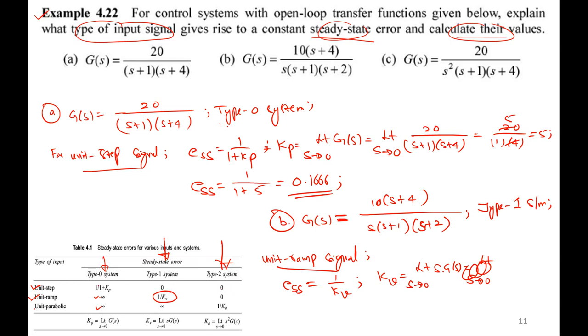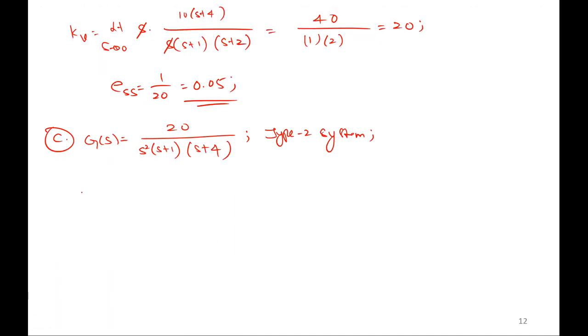If I apply a unit step signal, the steady state error is 0. If I apply a unit ramp signal, the steady state error is 0. But if I apply a unit parabolic signal, the steady state error is some finite value, 1 by k. So we will apply the unit parabolic signal here. What is the steady state error for a unit parabolic signal?